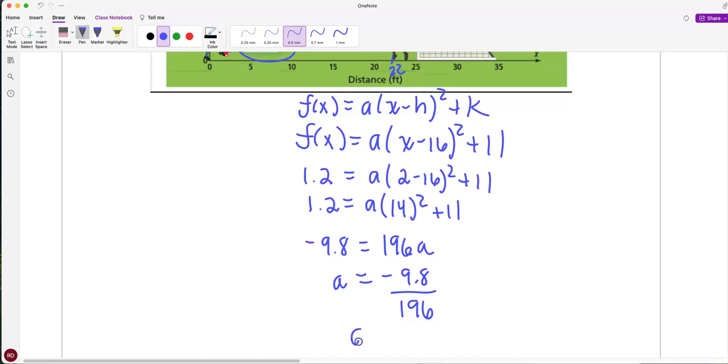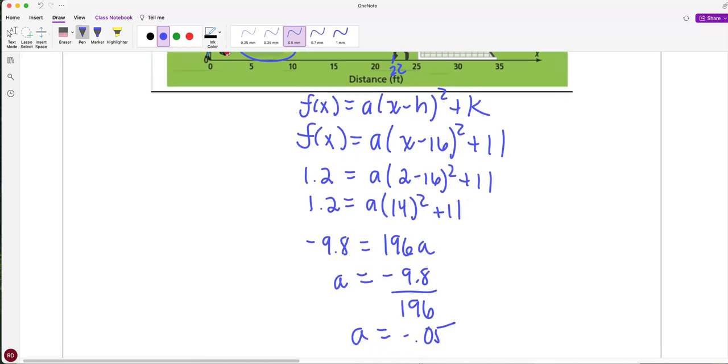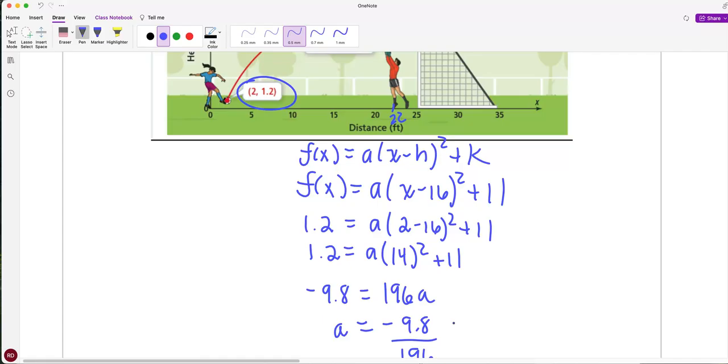So a is negative 0.05. So this formula is f of x equals negative 0.05 times x minus 16 squared plus 11.